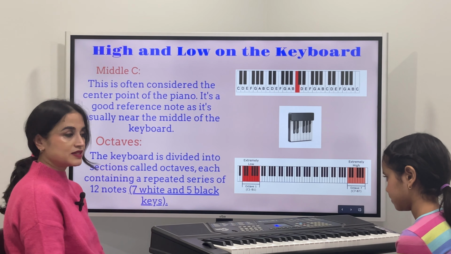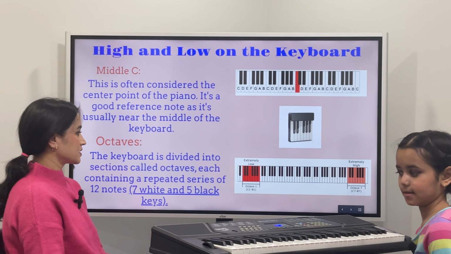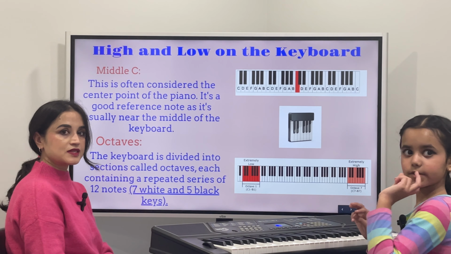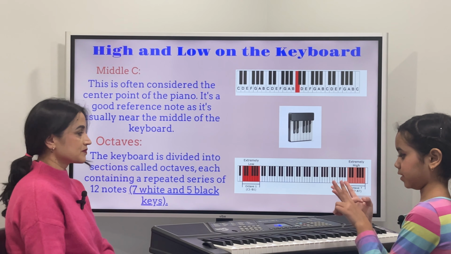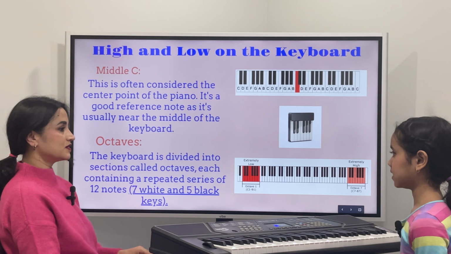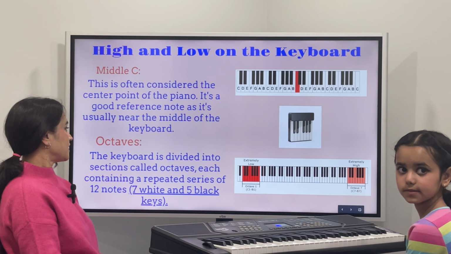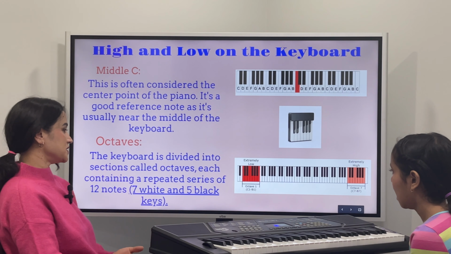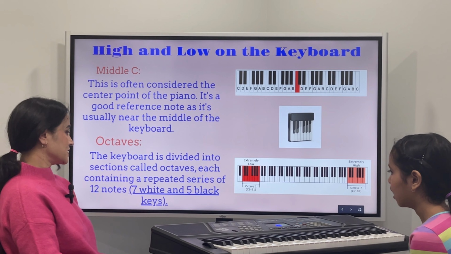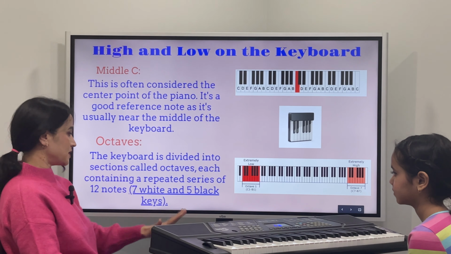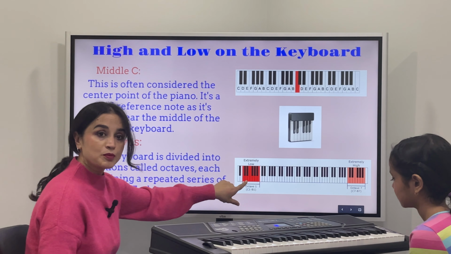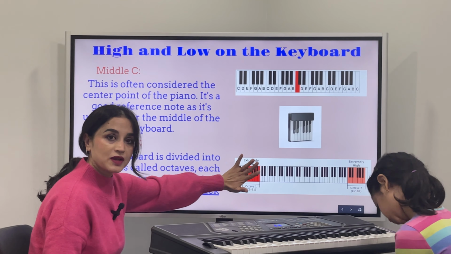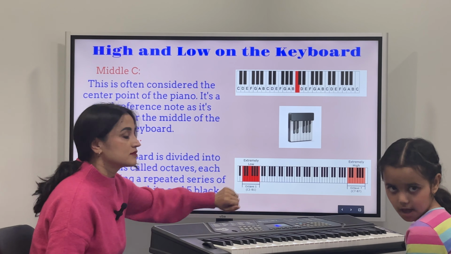Octaves. What is that, Lina? An octave is something like this. It has groups of 2 black keys and 3 black keys, so 5 black keys. The keyboard is divided into sections called octaves, each containing a repeated series of 12 notes: 7 white and 5 black keys. As you see in the picture, 2 black and 3 black, a total of 5 black and 7 white.